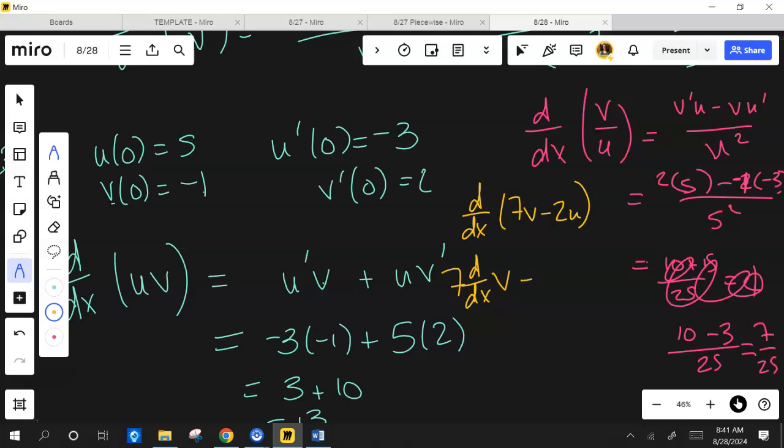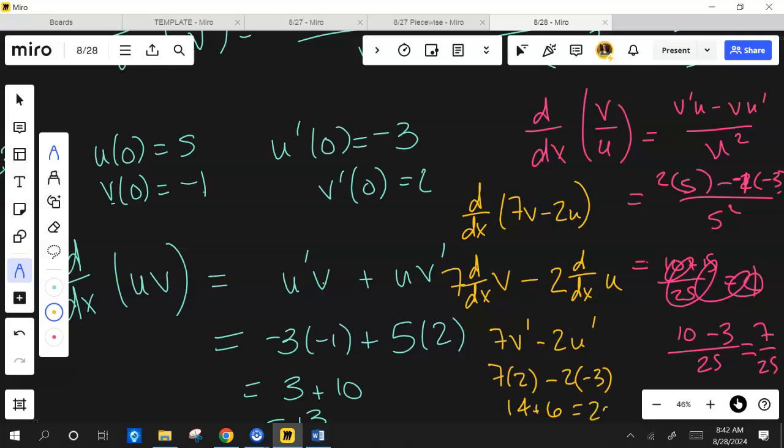That's that coefficient rule. So what I'm really doing is 7 times v prime minus 2 times u prime. V prime is 2, u prime is negative 3. 14 plus 6, 20.